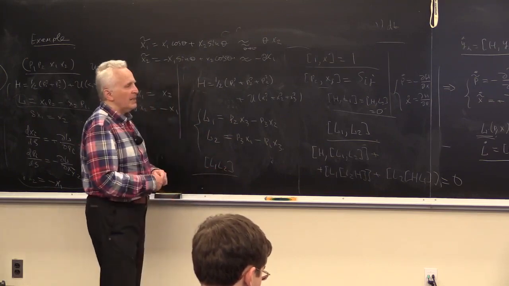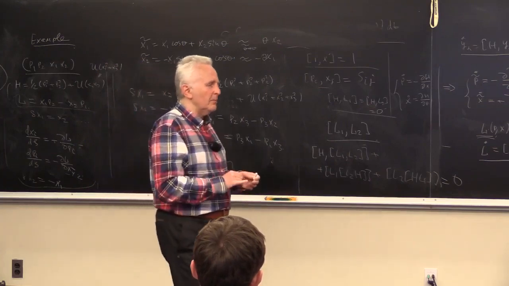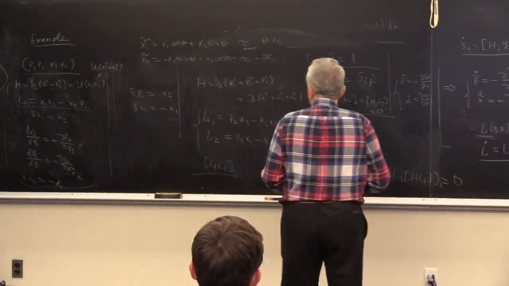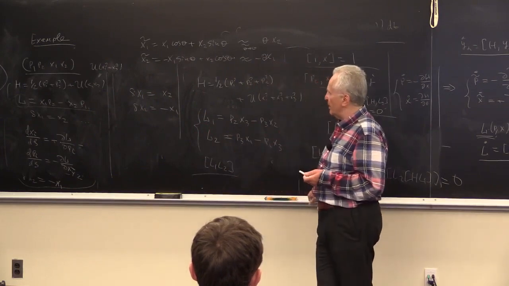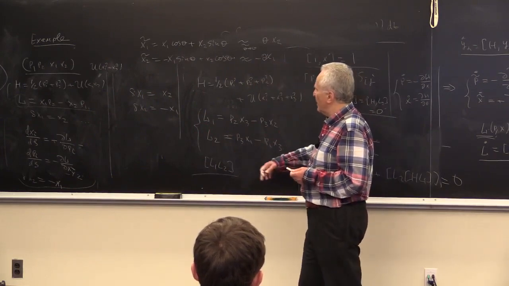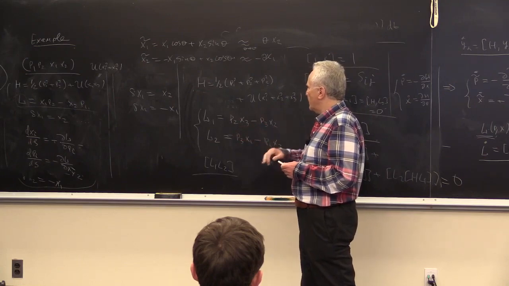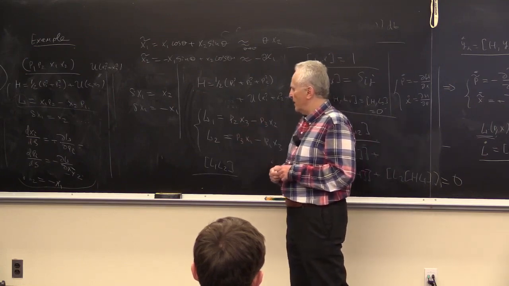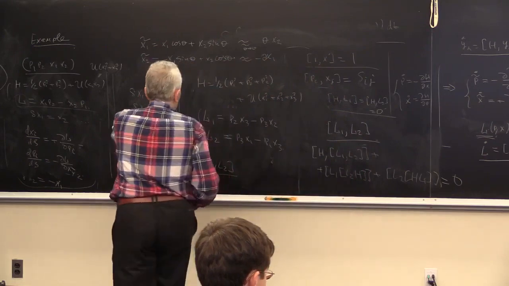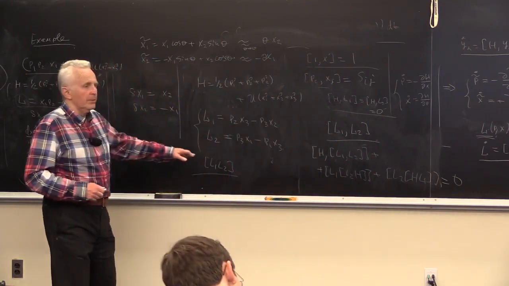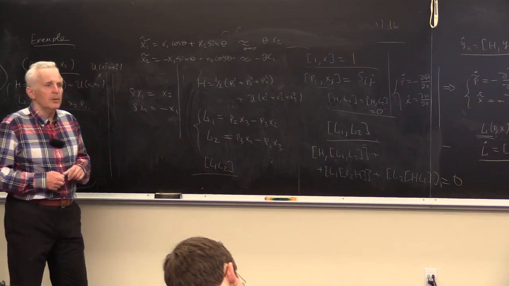Guess what the geometrical meaning of it will be. We know that it will become an integral. L1 is rotation in the 2-3 plane, or around axis 1. L2 is rotation around axis 2. Suppose we take the Poisson brackets.